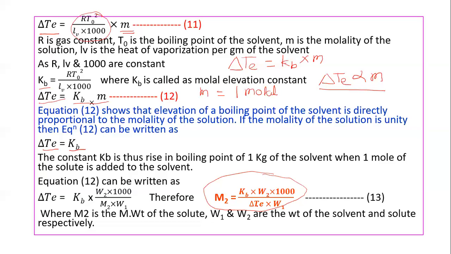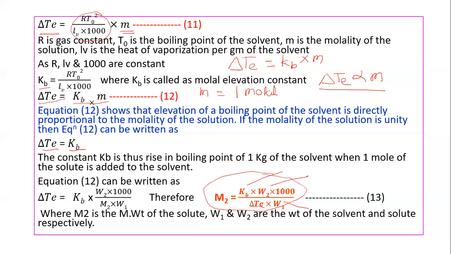In this equation M2 is the molecular weight of the solute, Kb is the molar elevation constant, W2 is the weight of the solute, delta T is the elevation of boiling point of the solvent, and W1 is the weight of the solvent.